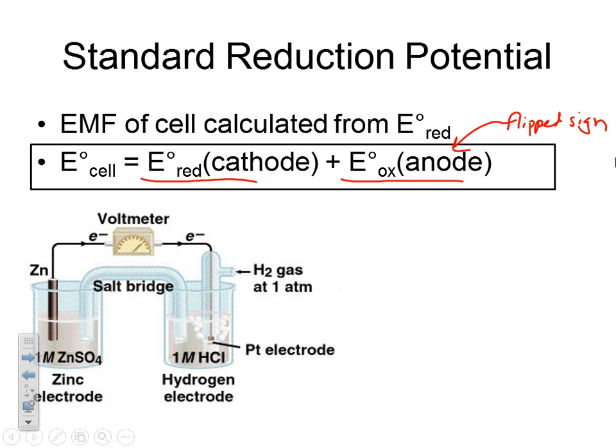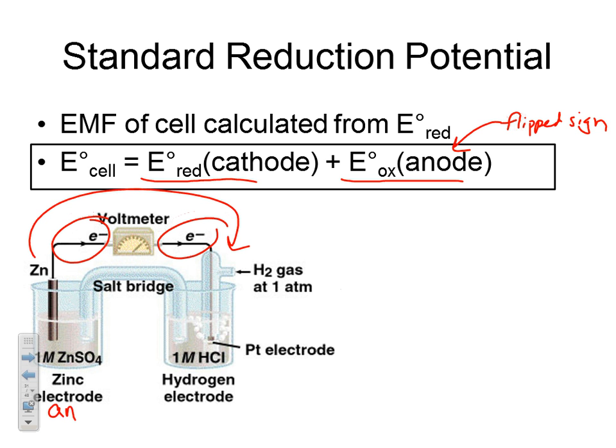As an example, if we wanted to work out the standard EMF for this particular process, we'd need our list of SRPs, so make sure you have that out because we will be looking some things up. We have a voltaic cell, and I notice the direction of electron flow. It's moving from the zinc over to that particular electrode.